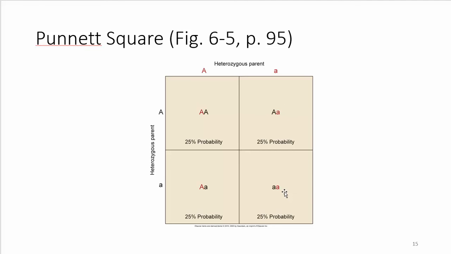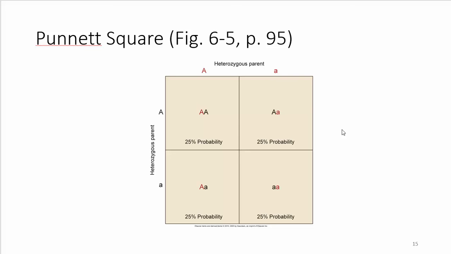This one would be capital A, small a. So 50% of the offspring would be heterozygous carriers. So this square is very useful, especially in genetic counseling, when these single gene traits appear.